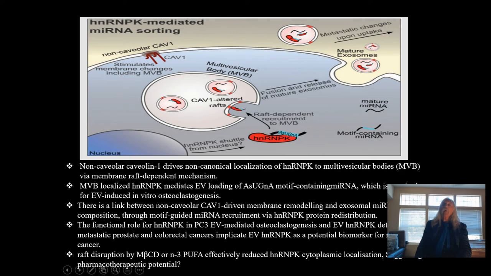So the functional role of HNRNPK in the PC3 EV, now that's the disease, the prostate cancer cell line PC3, EV-mediated osteoclastogenesis, and EV HNRNPK detection in metastatic prostate and even shown in colorectal cancers, implicates the extracytoplasmic vesicular HNRNPK as a potential biomarker if you find it in circulation in metastatic cancer.